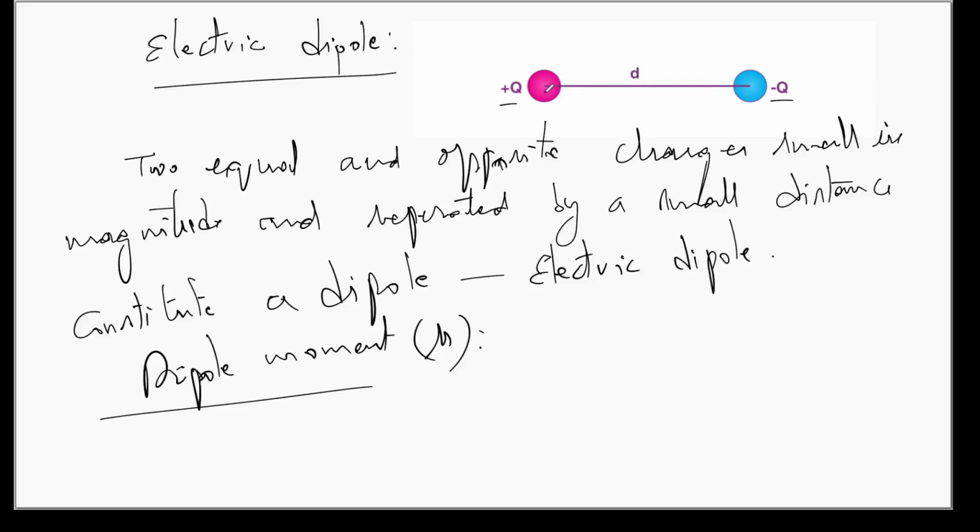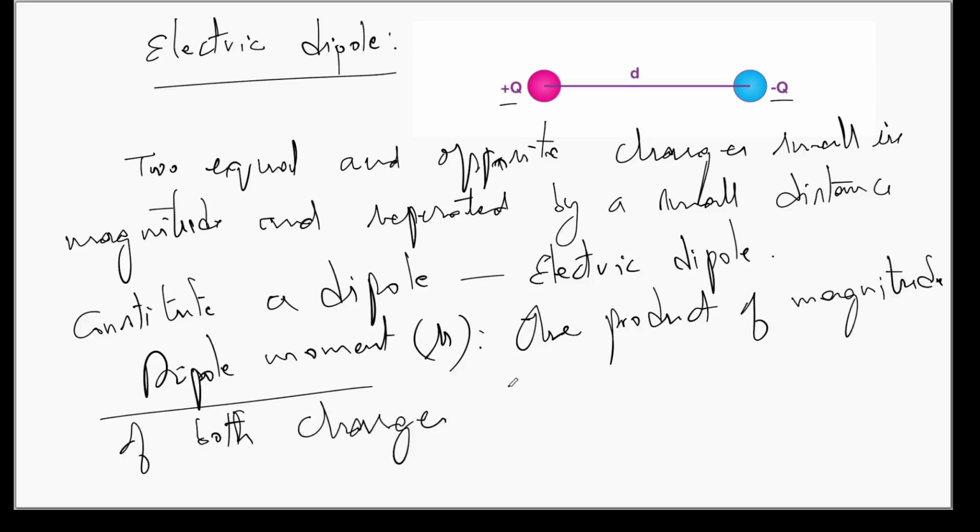If you take a product of the charge times the separation, that gives us the dipole moment. The product of magnitude of both charges and their distance is called the dipole moment. In this case, the dipole moment mu is equal to qd, where q is the charge on either of the charges and d is the small separation between the charges.